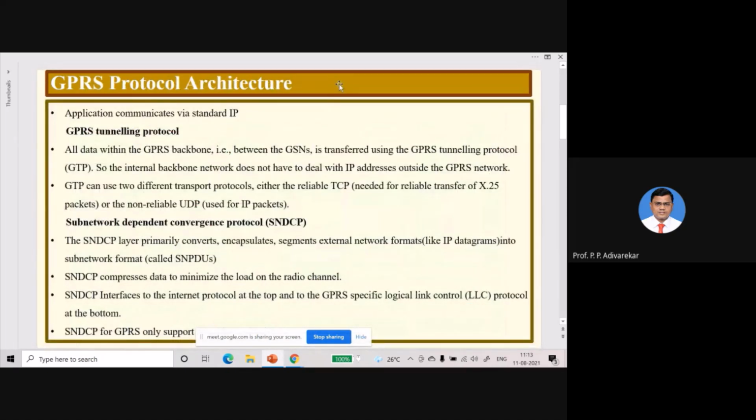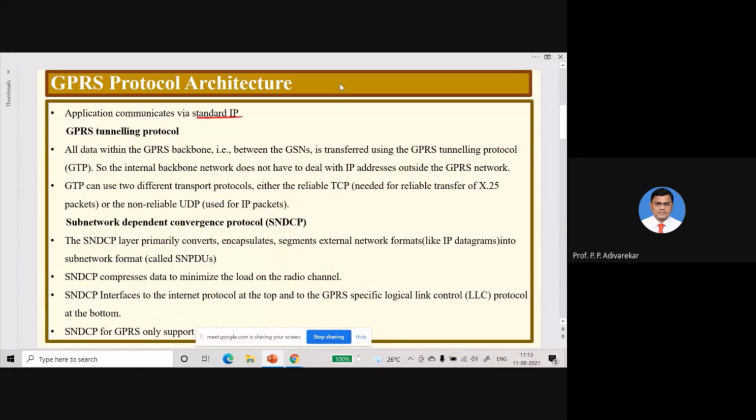So as I said, all the GPRS applications communicate via a standard IP. Just now we have seen that they are communicated via a standard IP. So every mobile handset will get an IP address, and everyone will communicate via a standard IP.